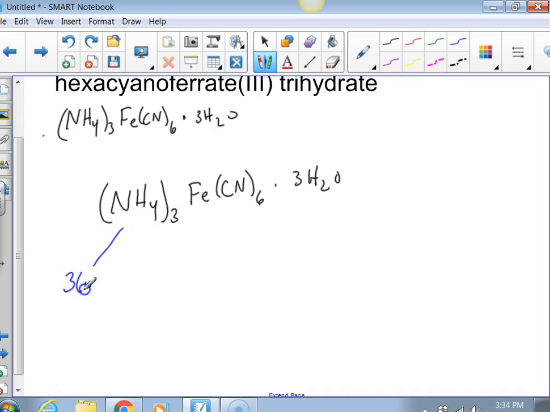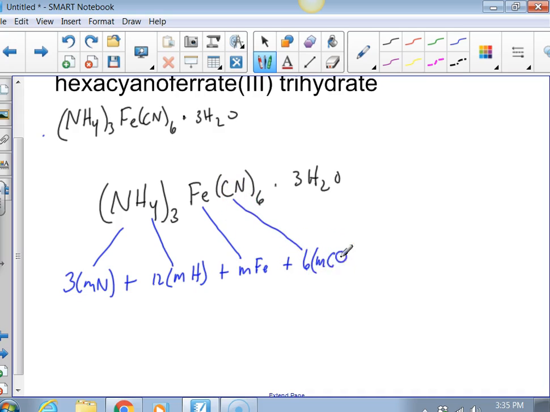So this is 3 times mass of nitrogen plus 3 times 4 is 12 times the mass of hydrogen plus the mass of iron plus 6 times the mass of carbon plus 6 times the mass of some more nitrogen plus, make that 6 times the mass of hydrogen. 3 times 2 would be 6 times the mass of hydrogen plus 3 times the mass of oxygen.